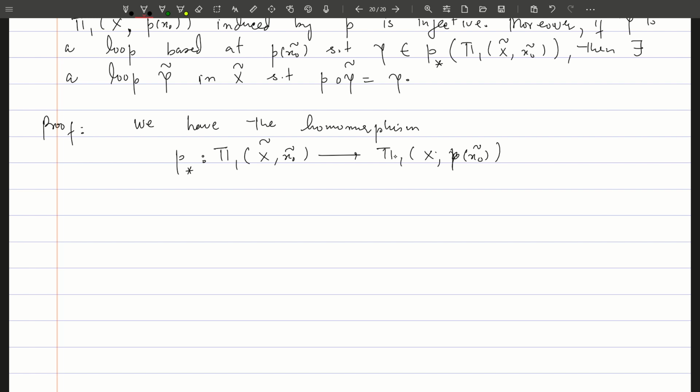So this homomorphism is induced by P, since this P is continuous.